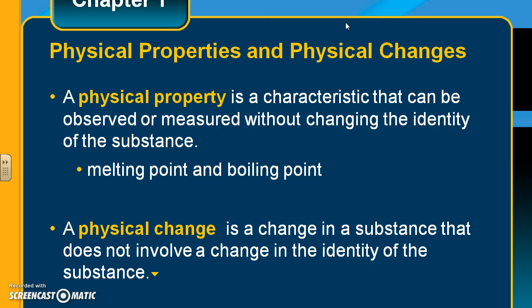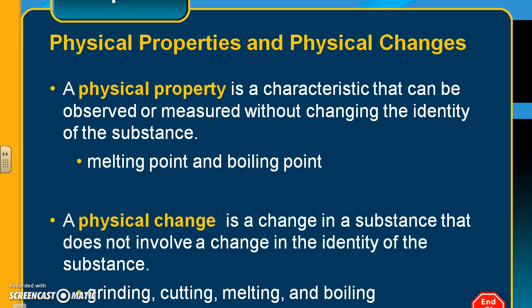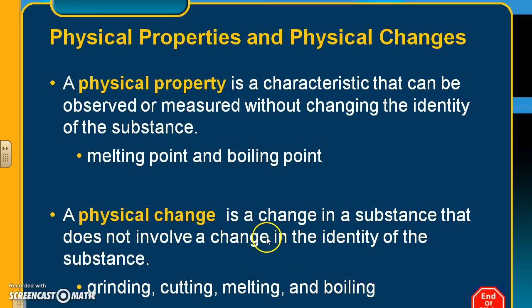If you crumple the paper, it's still paper. So what we did was physically change that substance, that paper. So physical change is a change in a substance that does not involve a change in the identity. And grinding, melting, boiling, cutting, scrunching up paper, all of those are physical changes.